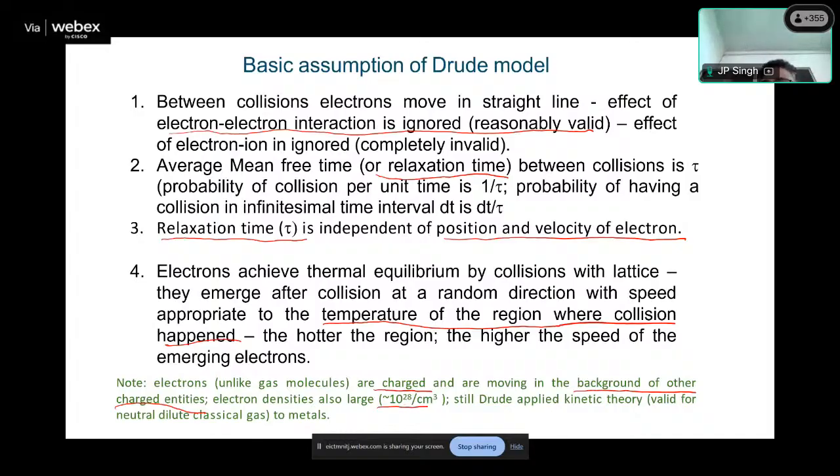But still, Drude applied the kinetic theory of gases to metals also. This was very surprising, but it gives us a good result.